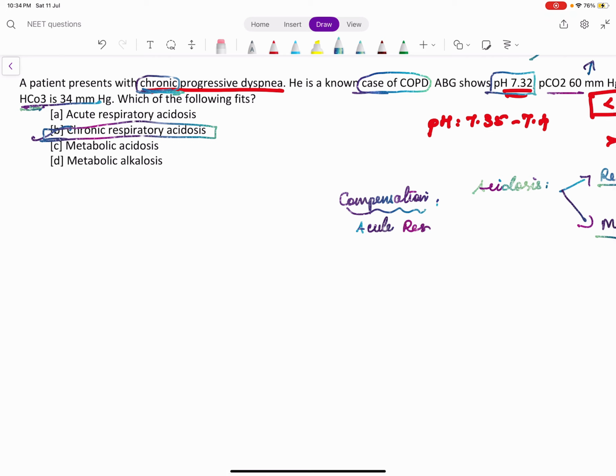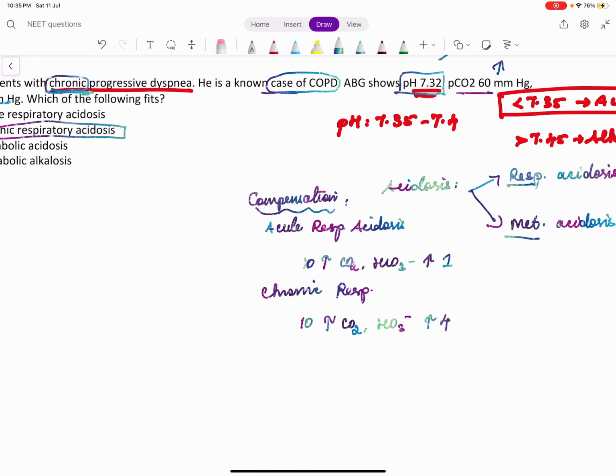In acute respiratory acidosis, for every 10 rise in PCO2, the bicarbonate should rise by only 1. There is no time for compensation. Whereas in chronic respiratory acidosis, for every 10 rise in PCO2, the bicarbonate should rise by 4.